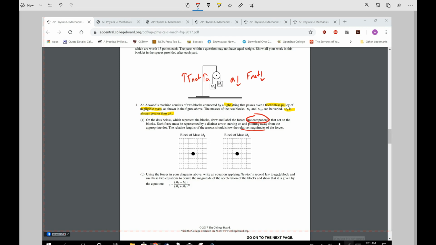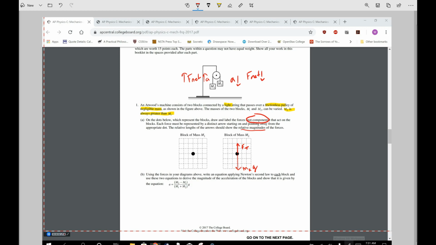All right, so I'm going to start with M2. M2 has a greater mass and so a greater weight than M1. And we said that M2 needs to accelerate down. So the only other thing acting on M2 is a tension force, which will be up, but must be less than M2G. So I'll make it 2 lines long instead of the weight, which is 3 lines long.